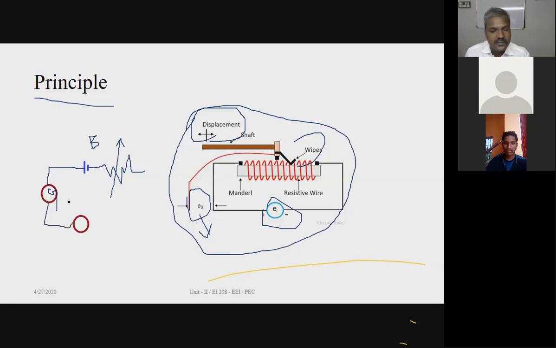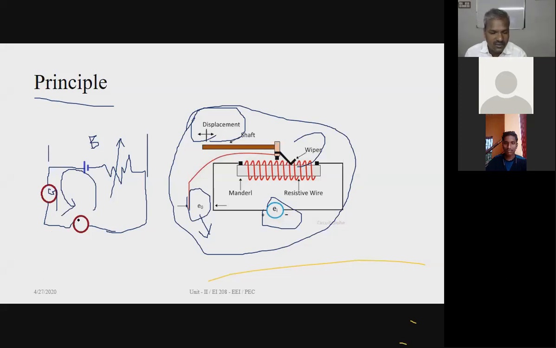This is the source battery, of well-known voltage, mostly 3 volt or 3.2 volt. This is another source. This arm is the primary circuitry, and this is the secondary circuitry.